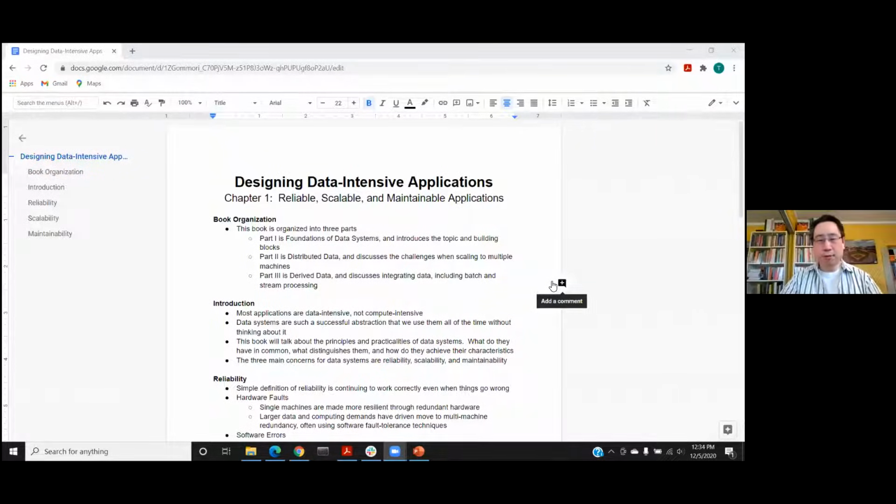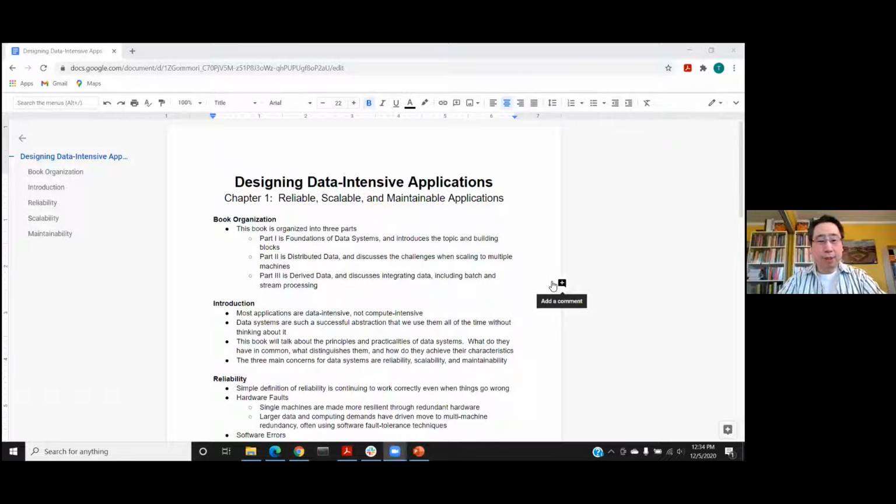Then part two gets to distributed systems. So we'll talk about replication and other things involved when you have multiple servers. And then finally, part three is if you can't just have one system doing everything, then you're going to have data that's derived, data that's being collected together. And so he talks about batch processing, streaming, and different things like that.